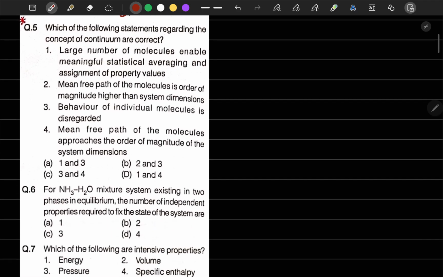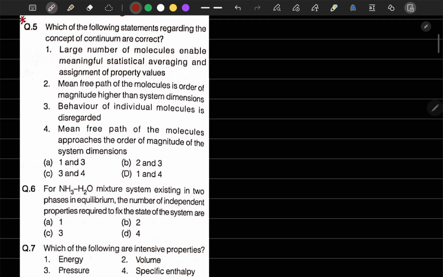Next question: which of the following statements regarding the concept of continuum is correct? The first option: a large number of molecules enables meaningful statistical averaging and assignment of the property value. This statement is true. If there are a large number of molecules in the system, then the statistical averaging will be meaningful, and we will be able to properly assign the values.